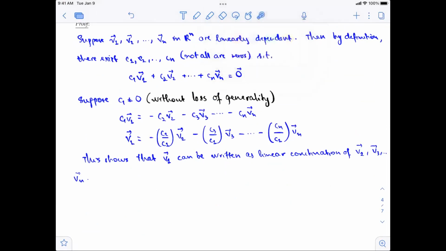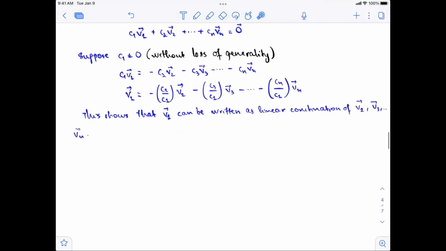If you choose C2 to be different from 0, we can keep C2 V2 on the left-hand side and move everything else to the right-hand side. If we choose C3 to be different from 0, we can do the same and keep C3 V3 on the left-hand side and move everything else to the right-hand side. All right, so that's the forward statement.